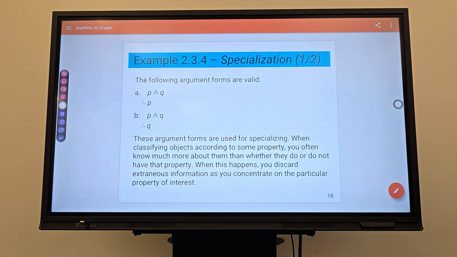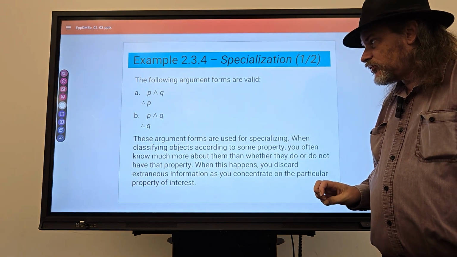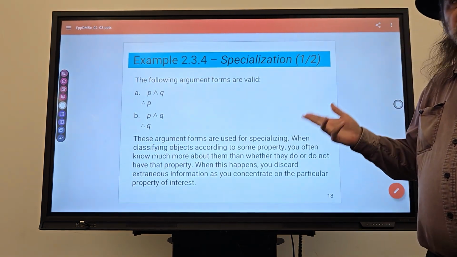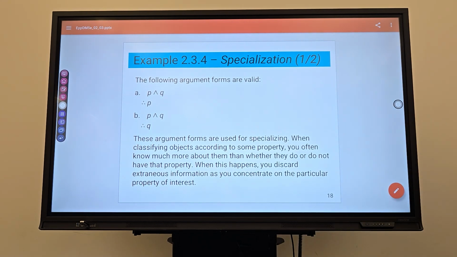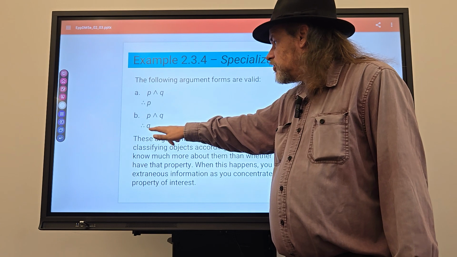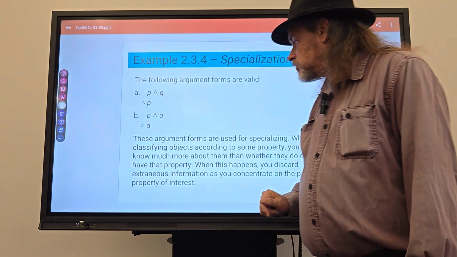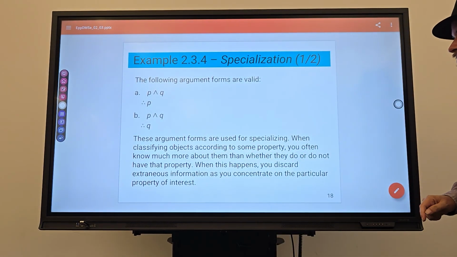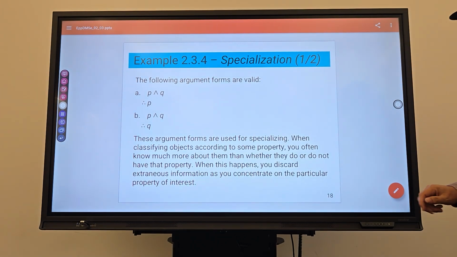Specialization has to do with the AND operation. If P and Q is true, therefore P has to be true. Because if the AND operation is true, then both of its individual statements also have to be true, right? So P and Q, therefore Q, and therefore P. So that's specialization.